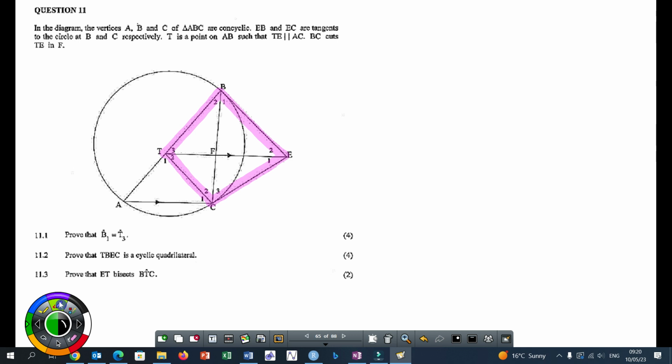Do you see any butterfly inside that quad? Okay, there is a butterfly. The butterfly is this one here.